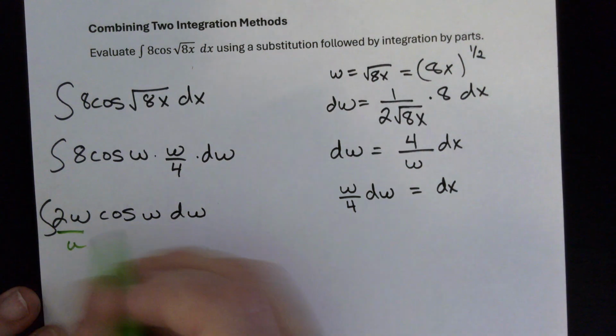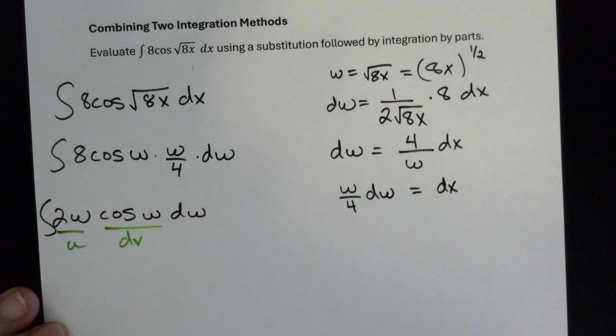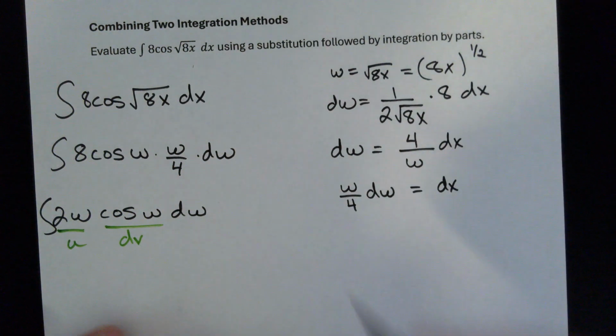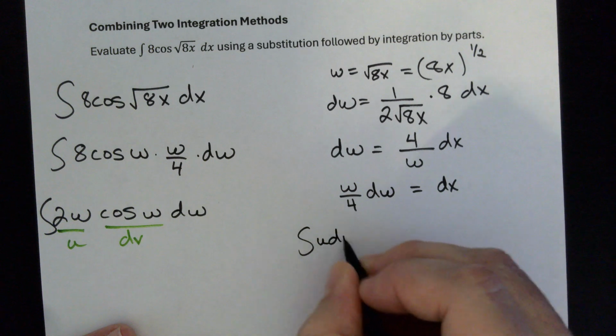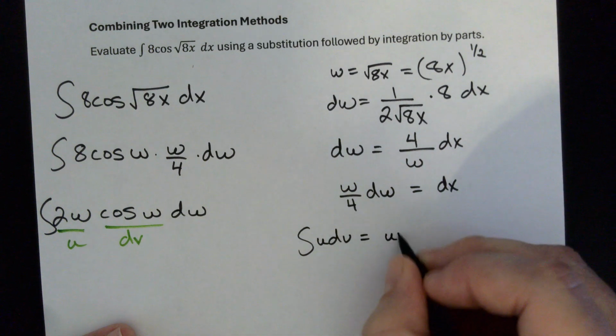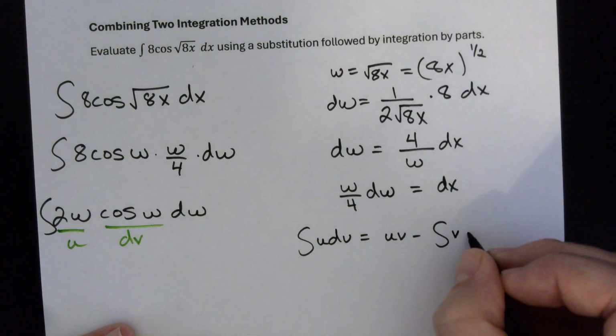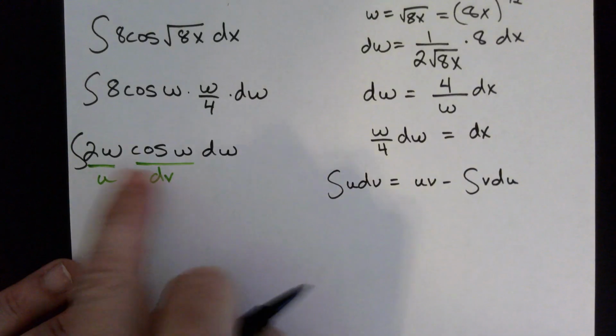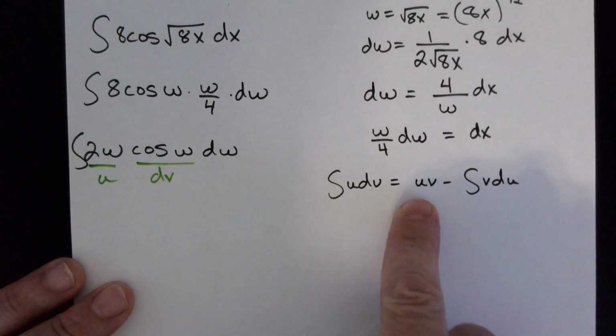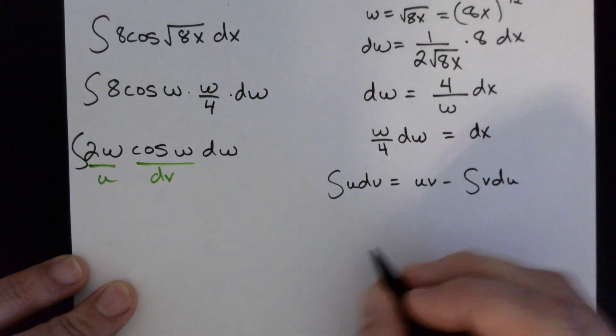Just like last time, we're going to use integration by parts. This is going to be our u, and this is going to be our dv. Recall that integration by parts is the integral of u dv equals uv minus the integral of v du. So I put the parts in the right place. I'll choose u first, which is 2w.